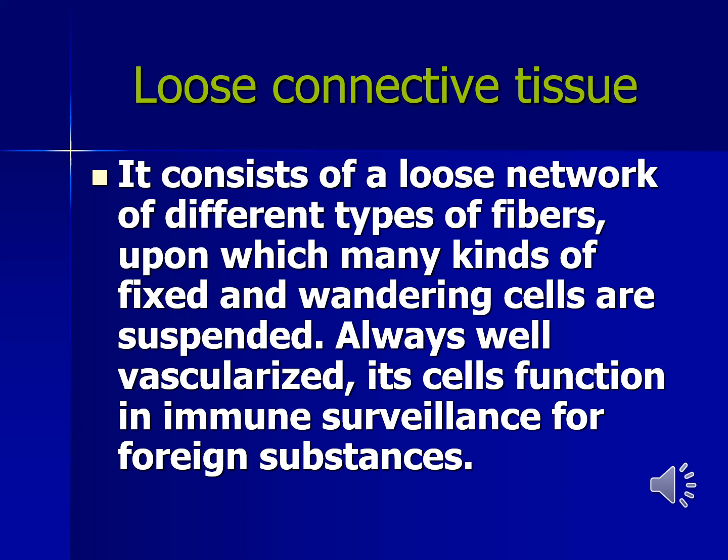Also, as I told you before, loose connective tissue will include blood vessels. It may be capillaries, arterioles, venules, and if we have small and large vessels, they will always be surrounded by loose connective tissue.